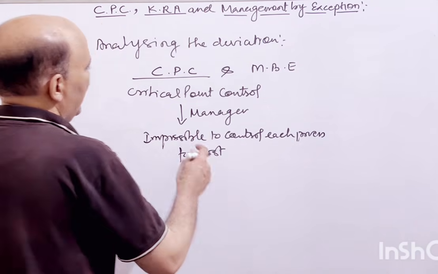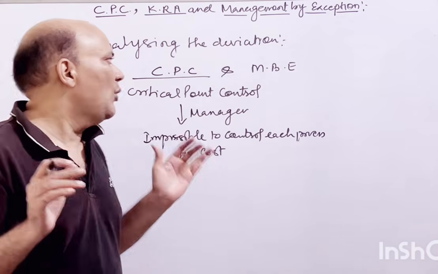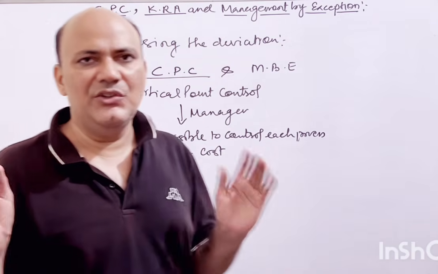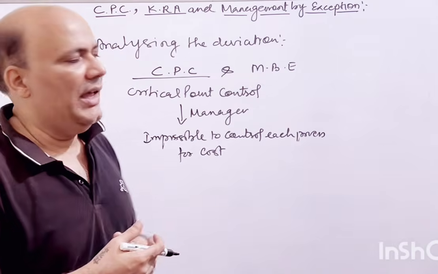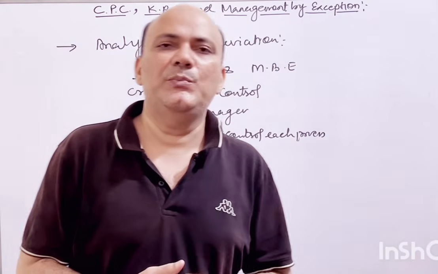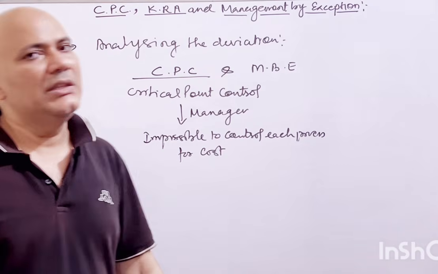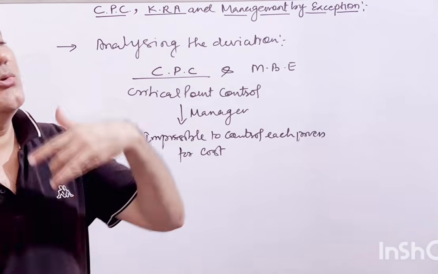So critical point control means there are certain points which you need to identify to control, and the other points which are not that important from the organization's perspective or from the perspective of the performance of the organization, you don't have to try to control.